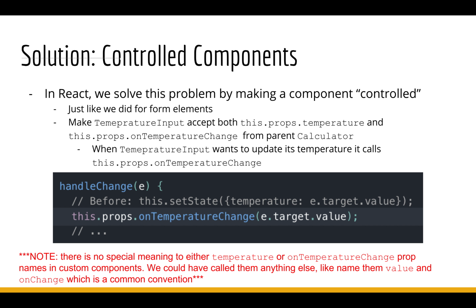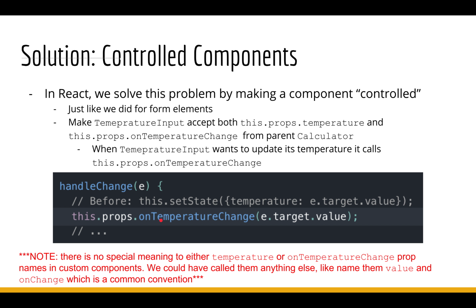So you see here before, on temperature change, when that input was being modified, this piece of code is actually coming from the temperature input component. And so before, when a user typed something in the temperature input component inside the input there, it was just going to be modifying a piece of the state that was internal to temperature input. Instead, what we're going to be doing now is we're going to be calling this props function.